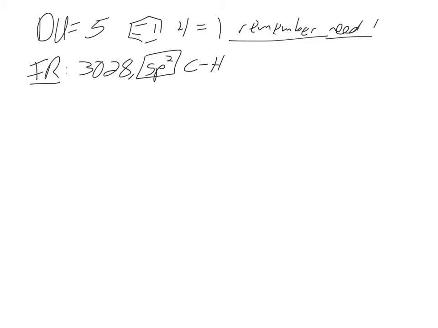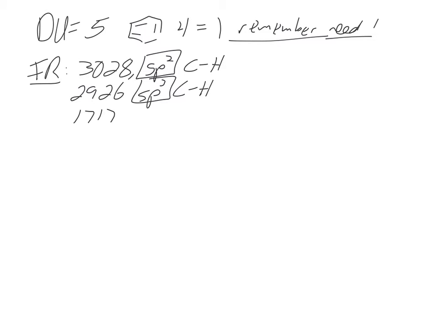We have another stretch at, what, 2926? What would that be? A CH. What kind of CH? sp3 CH. sp3 hybridized CH. We have another one at 1717. What is that going to be?